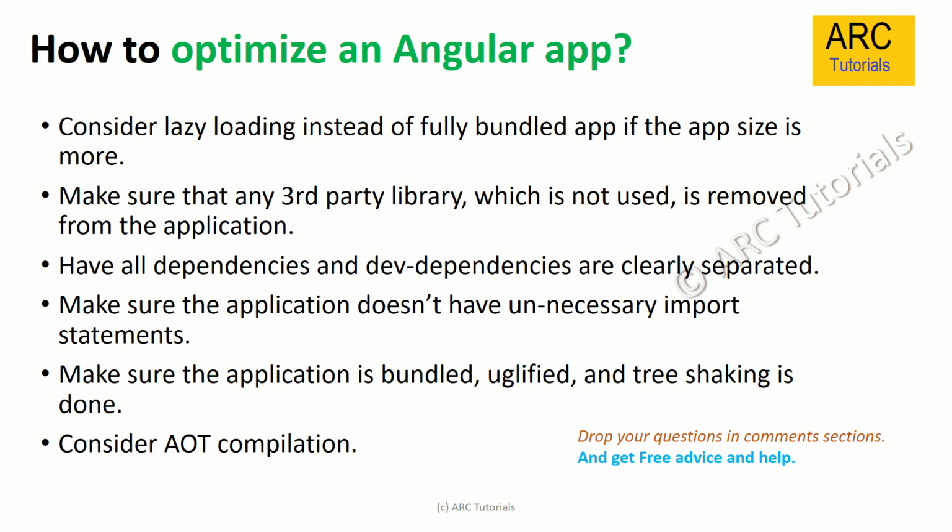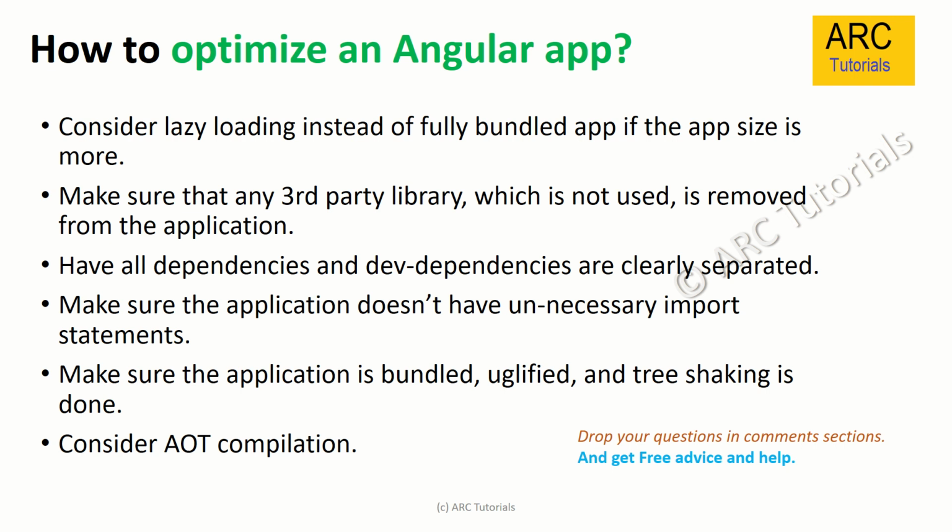We don't want unnecessary loading or to make our application heavy because of including third-party libraries. Have all the dependencies and dev dependencies clearly separated out. This is important, like we saw in package.json, that we have some important dependencies and then some dev dependencies. We need to clearly separate them, which will allow us to load the application faster.